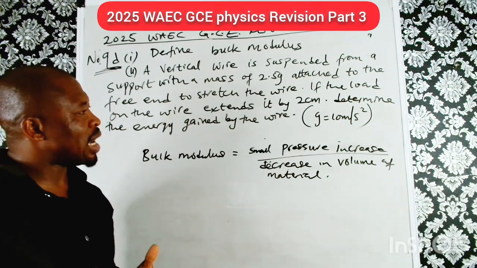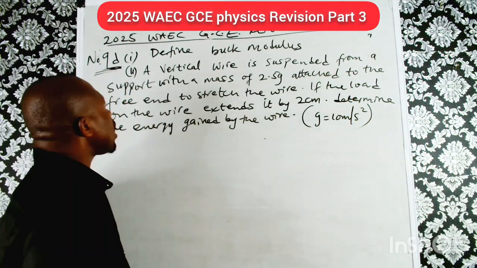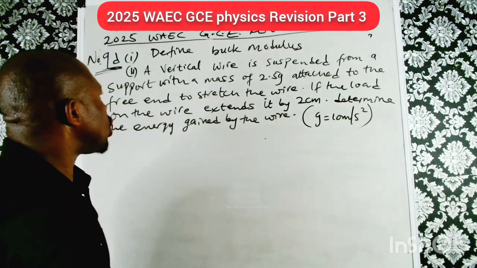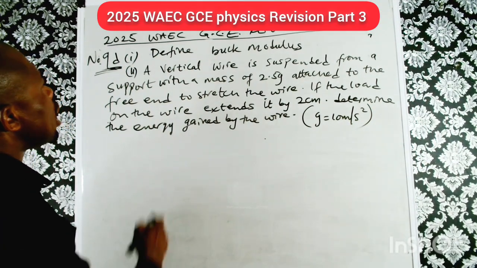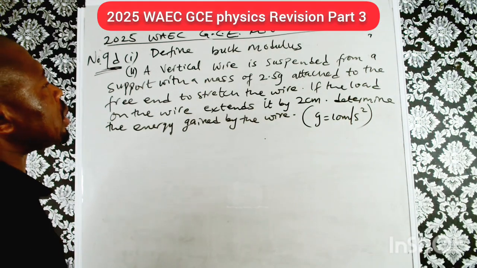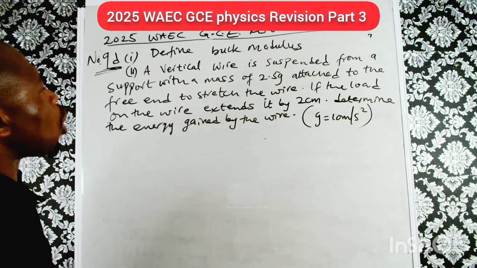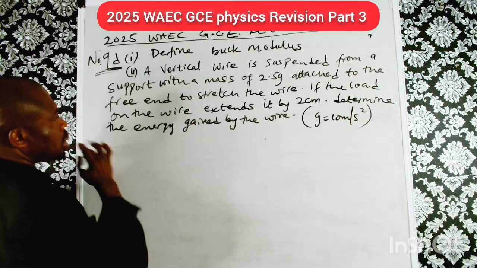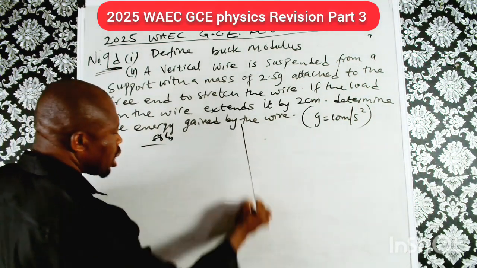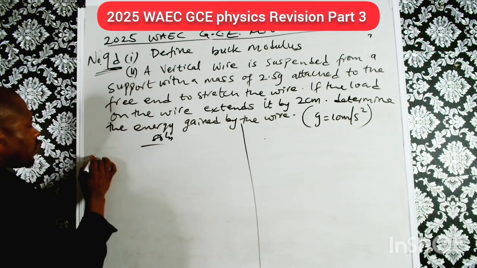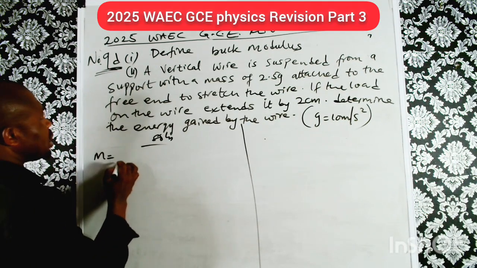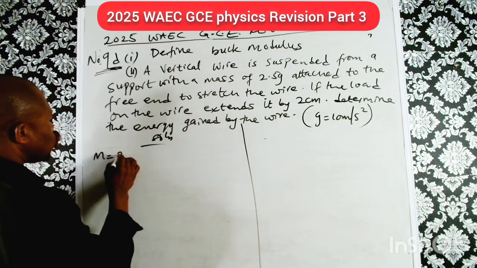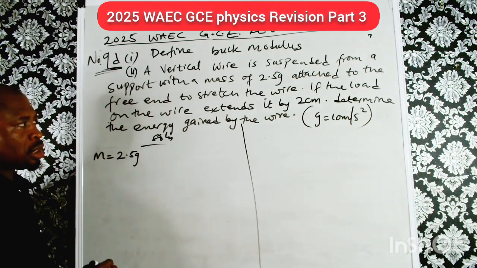Now let us look at the second question. How do we solve it? A vertical wire is suspended from a support with a mass. The mass M is 2.5 grams.